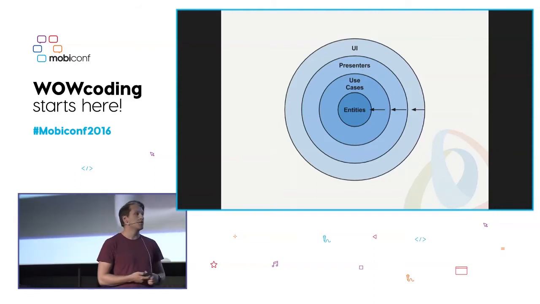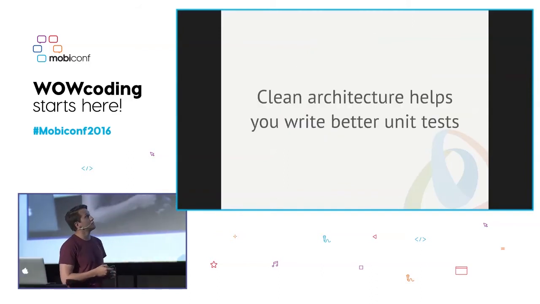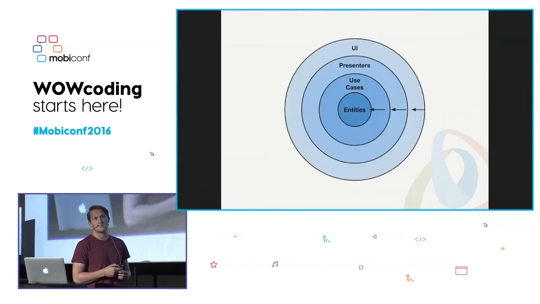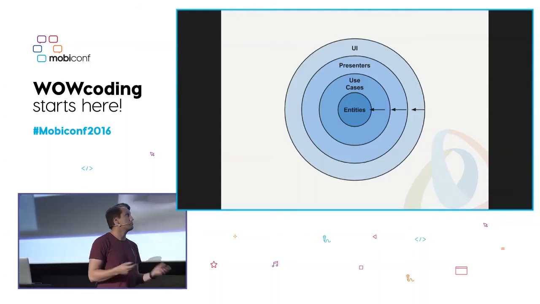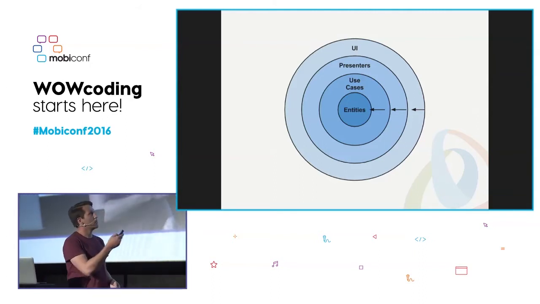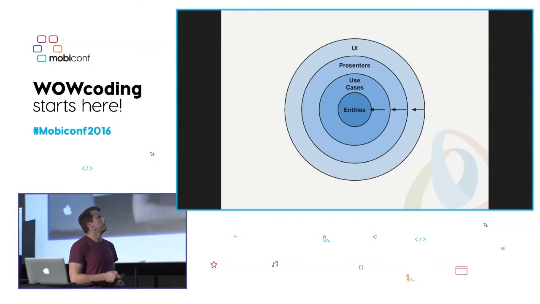So it can help you write unit tests, but not write better unit tests. That's why I cannot agree with that. Probably you know this diagram from clean architecture. Pretty cool, huh?